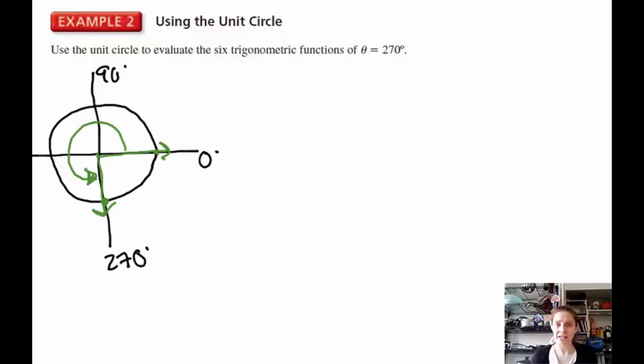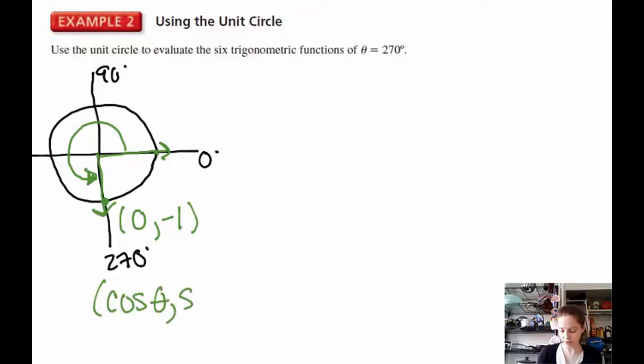Can't really draw a right angle here, so I'm going to have to use what I learned before, just above on this paper, that for any point, and this point is (0, -1), we can rewrite it as (cosine of theta, sine of theta).